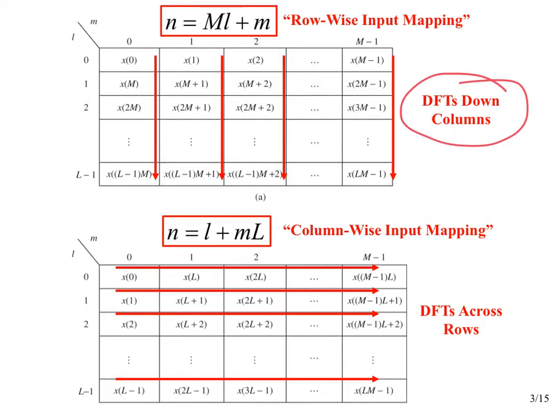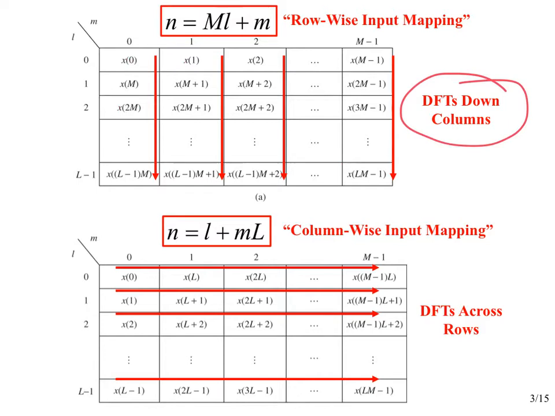So if you think about what we did last time, you could think about having two columns, and we went 0, 1, 2, 3, 4, 5, 6, 7, and so on.